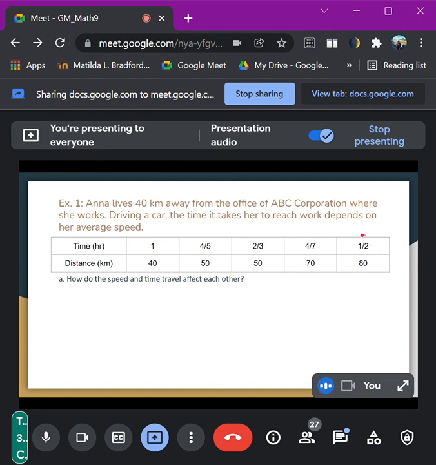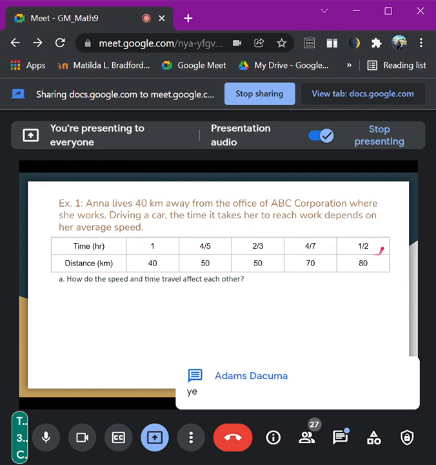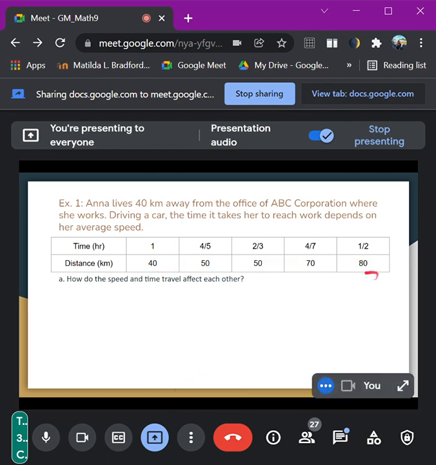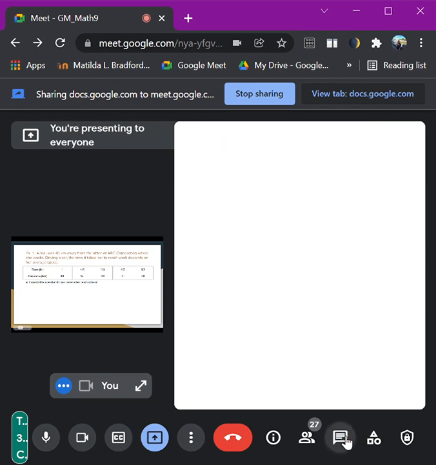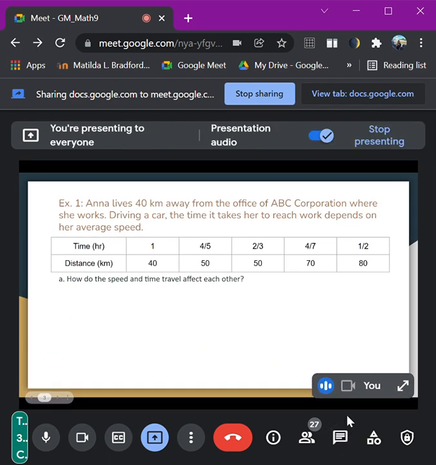So meaning to say this is already 30 minutes. So diri 1 hour and then this one is 30 minutes. I know naglibog mo kay kuan na ni siya kanang in fraction form. Pero ari na lang ta mag-base para dili mo maglibog. 1 hour and then nahimong 1/2. And then ang distance 40 and then nahimog 80. So unsa may naka-affect?